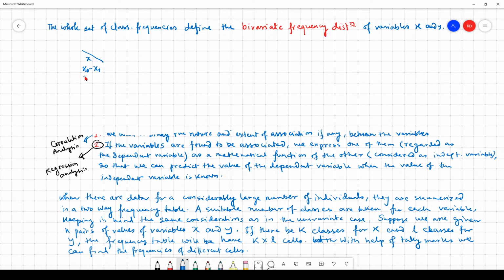Similarly, the second class is x1 to x2, the ith class is xi minus 1 to xi, and the kth class is xk minus 1 to xk.